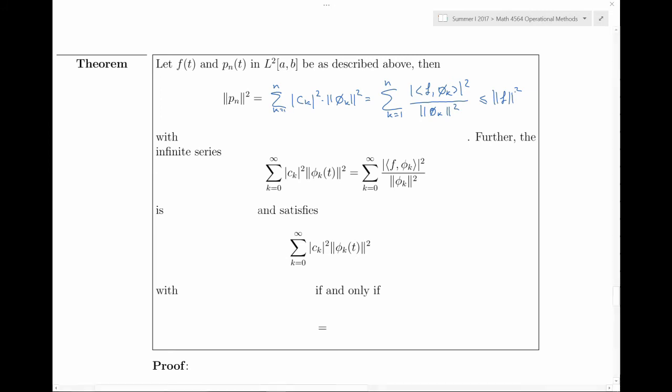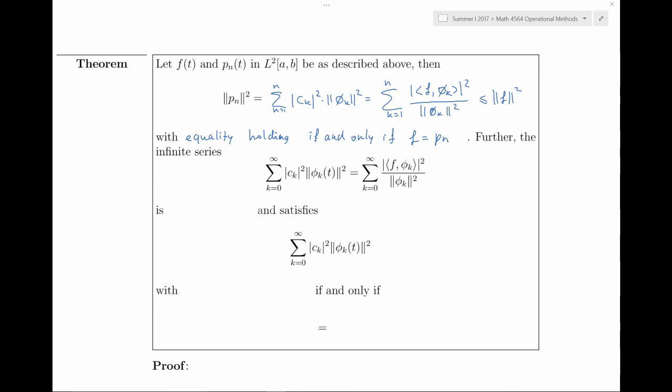And the equality will hold if and only if f is the same as Pn. And since the norm is the upper bound for this summation, even if we start to include more and more functions into our set phi n and into our basis, this summation will never exceed the norm of f.